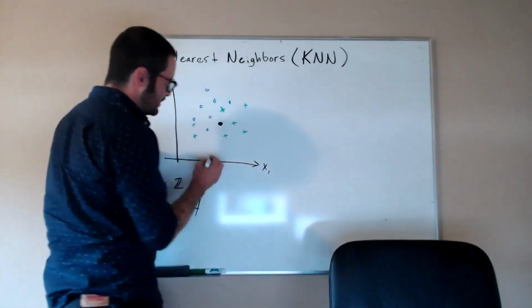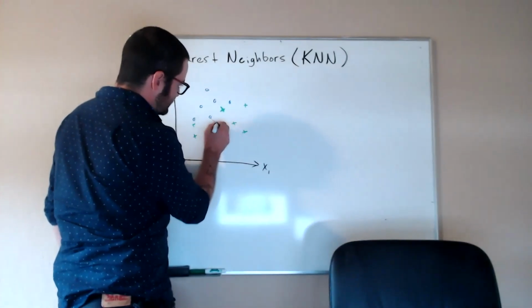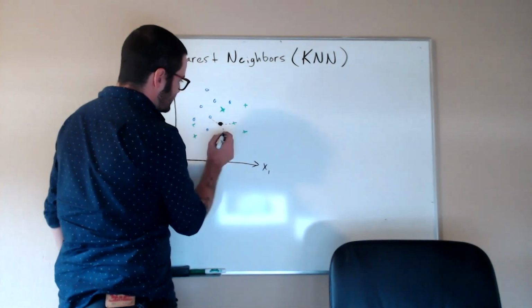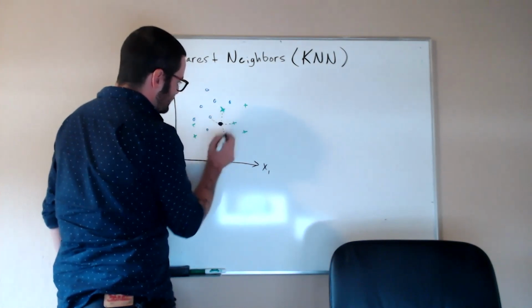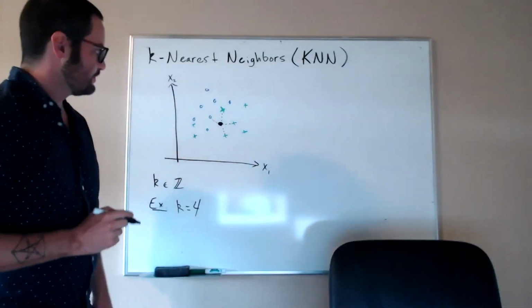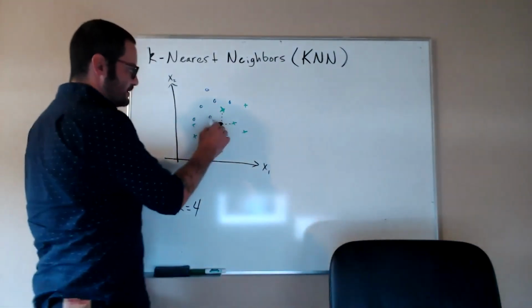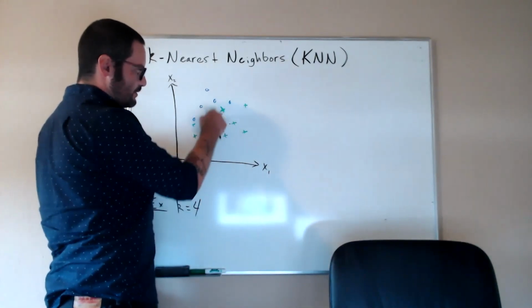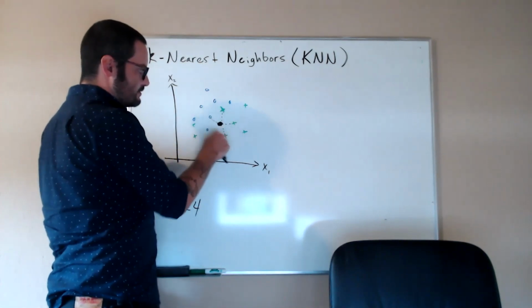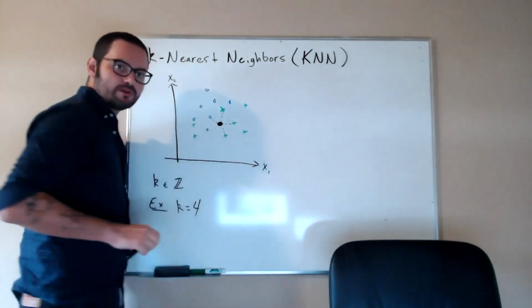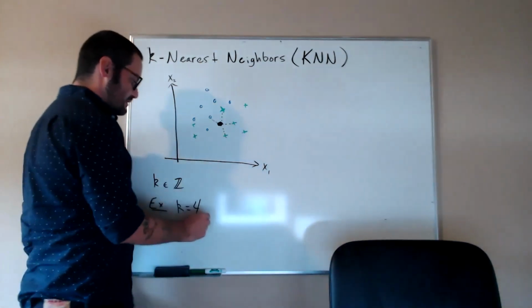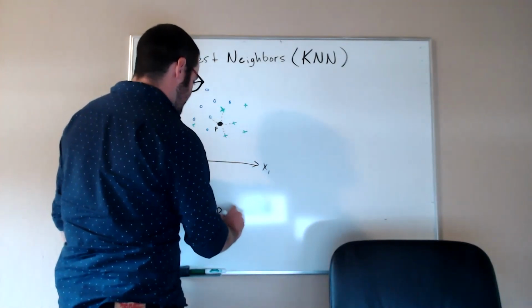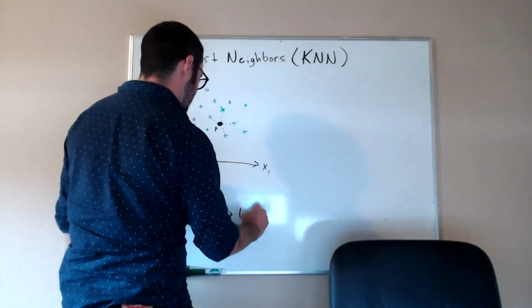So in this picture, this one looks pretty close, that one looks pretty close, that one, and maybe that one. Here, the 4 closest points to this new point include 3 green points and 1 blue point. So with k equal to 4, this point, I'll call it p, would be assigned the label green.